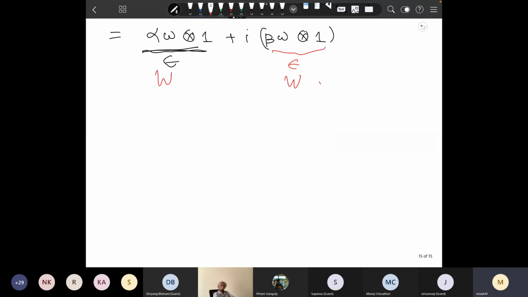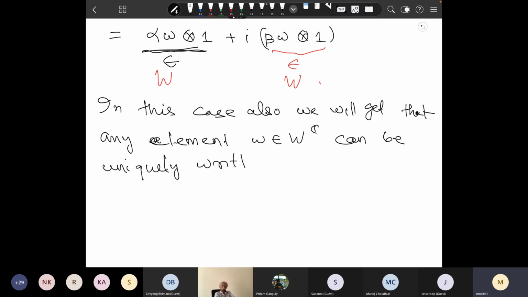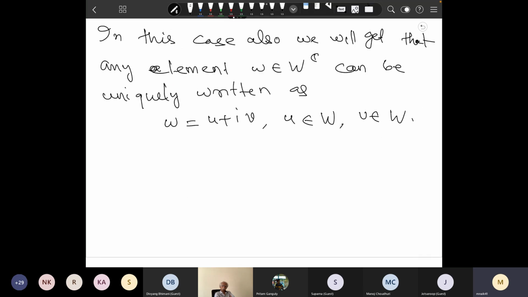So after that you will see that in this case also any element W belonging to WC can be uniquely written as W is equal to U plus IV, U belongs to W, V belongs to W. Okay, this is a very important thing, and it will also characterize the complexification.